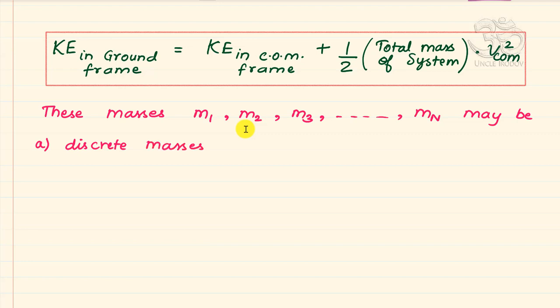They are not joined to each other, and maybe the only forces they exert on each other is when they hit each other, right? So the only forces will be collision forces. Or maybe they are joined to each other with strong intermolecular forces, and they have strong interactions between them, and they form something which is called a rigid body.